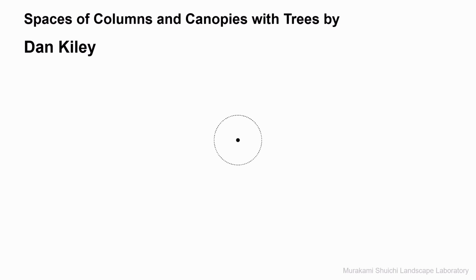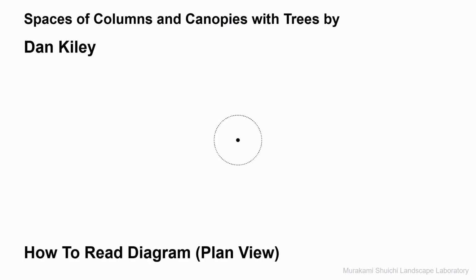Now let us look at a schematic plan diagram that illustrates Kiley's spaces of columns and canopies with trees, an approach he used to embody the dynamic sensation of moving through a grove. Here is how to read the diagram in a plan view.